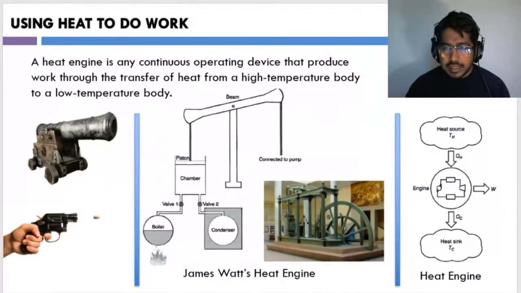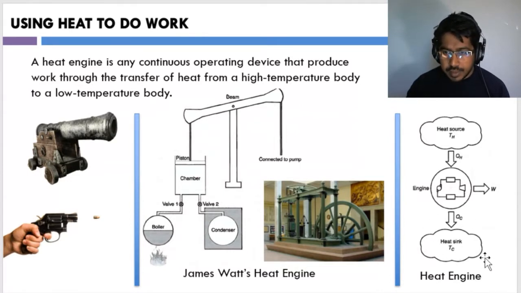So basically what a heat engine does is it absorbs heat from a heat source. When we have a high temperature body in the process, we call it a heat source because it can give away heat, right? And then our heat engine absorbs heat from this high temperature heat source, and then produces some work, which is indicated here, and then ejects some of the heat into the heat sink at the bottom, right?